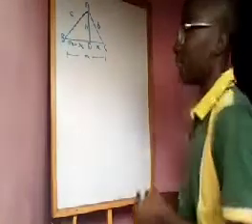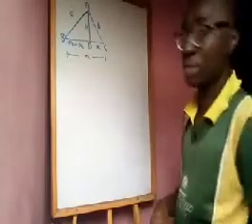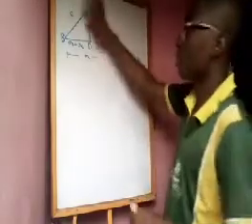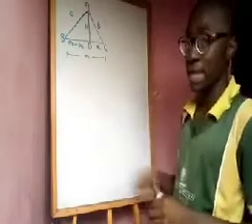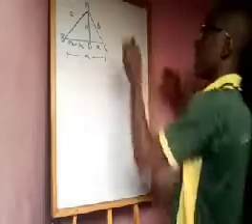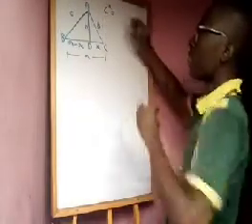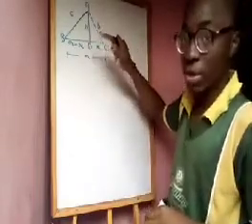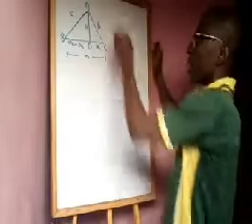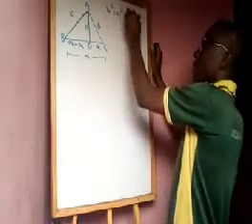Now, having established those, let's go on to establish further using Pythagoras theorem. In triangle ACD, the hypotenuse square is equal to the opposite square plus the adjacent square, right? So B square equals H square plus X square.